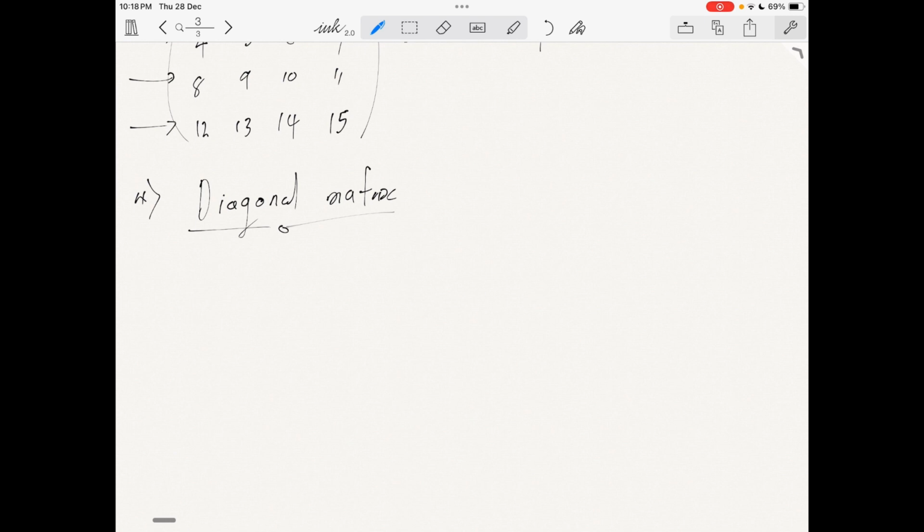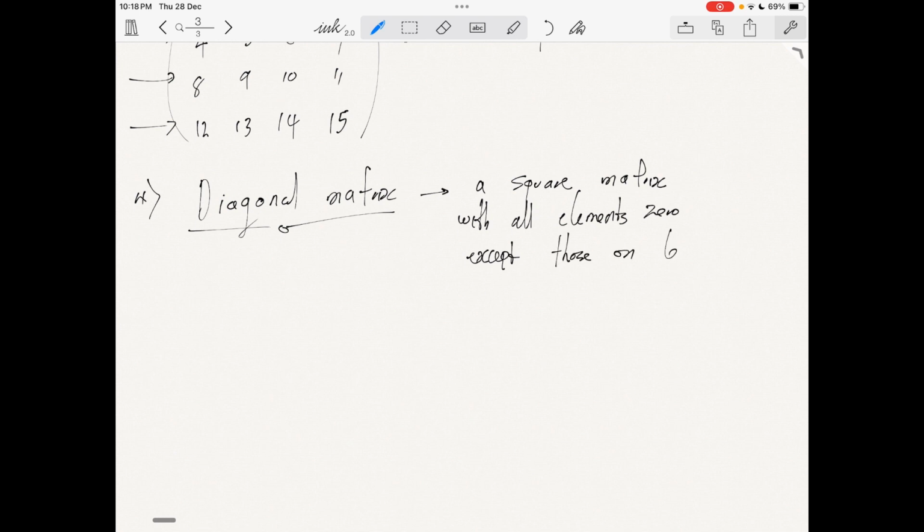So we can call a diagonal matrix a square matrix with all the elements 0 except those on the leading diagonal. So what do I mean by leading diagonal?